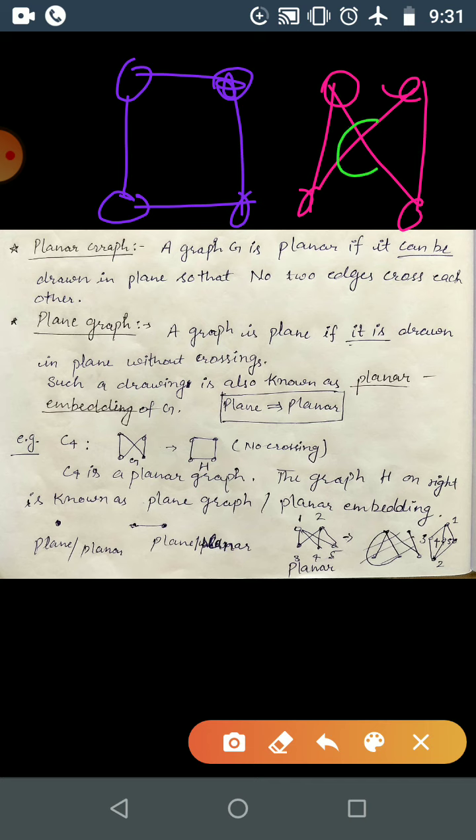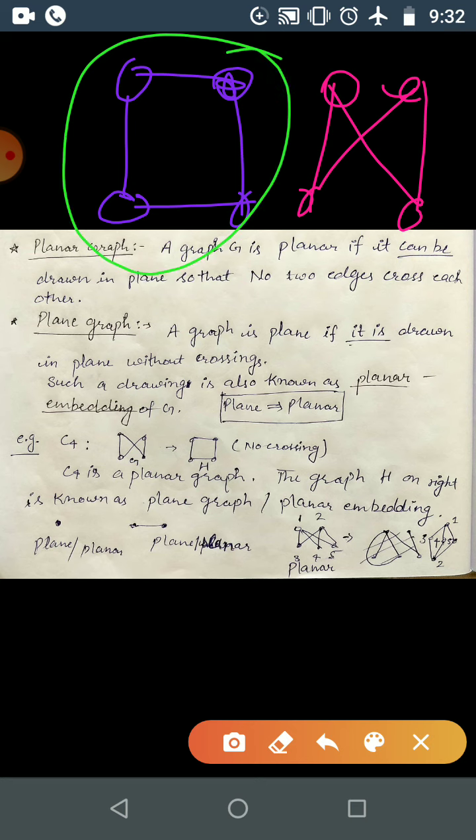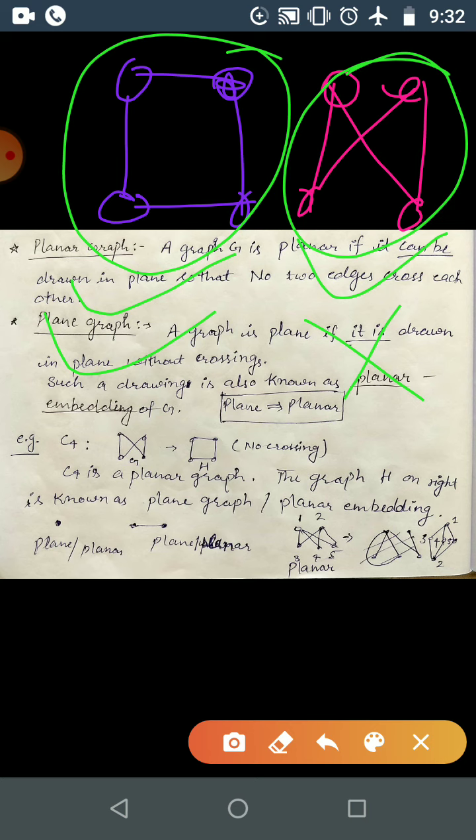Here is the crossing, so we can say this is not a plane graph. The plane version of this graph is this one. So this is planar but not plane. Of course you can make it plane, but at this moment it is not plane. It is a planar graph.